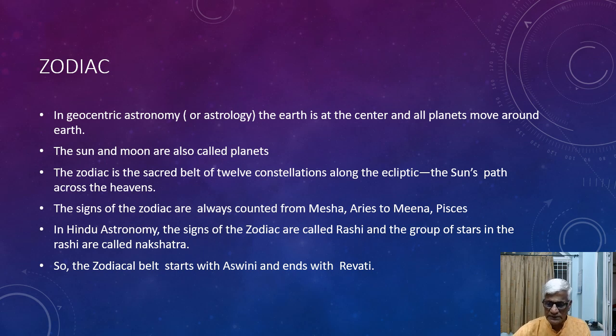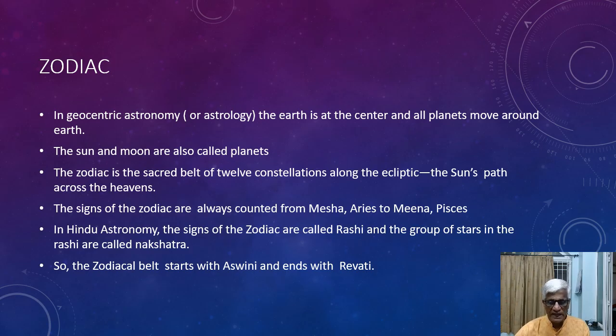It has got 12 constellations, group of stars, along the ecliptic, and the sun's path is passing through all these 12 constellations. These constellations are called signs or rashis, and they are reckoned from Mesha or Aries to Meena, that is Pisces.